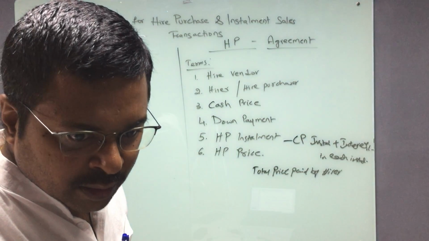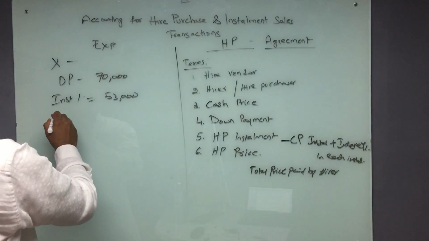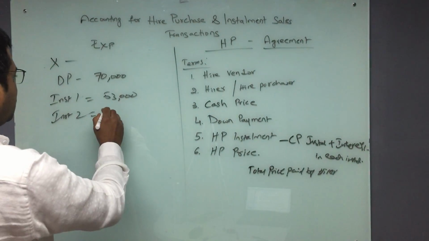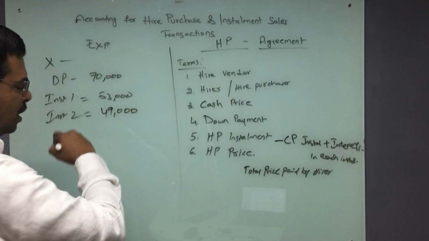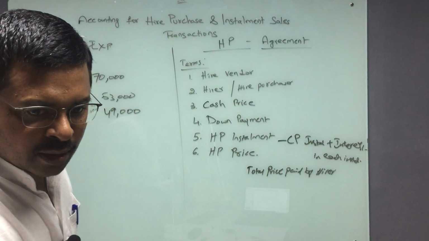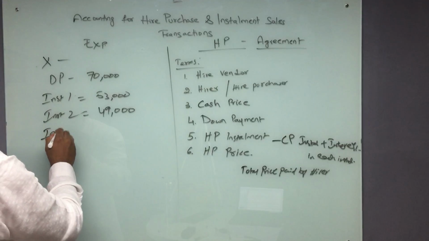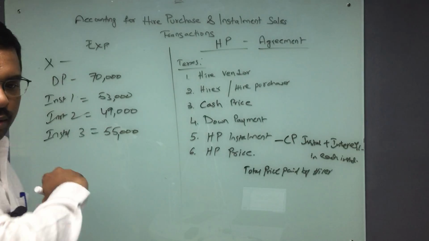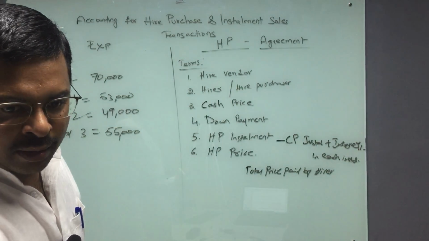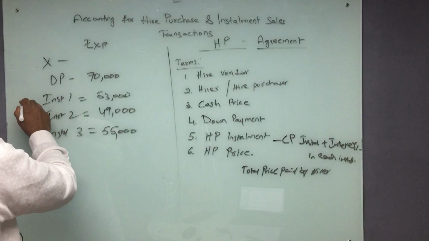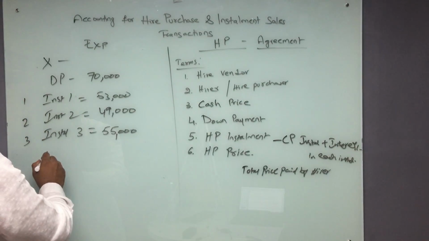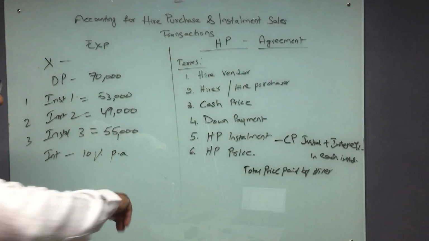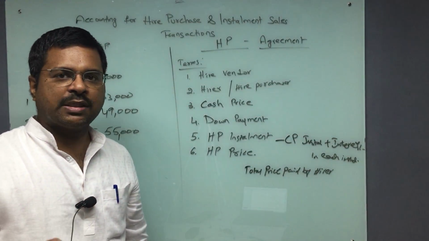Okay, and installment 2 is 49,000, and installment 3 is 55,000. Okay, this is first year, second year, third year, and interest is 10% per annum. Interest, if nothing is defined, it is always per annum.